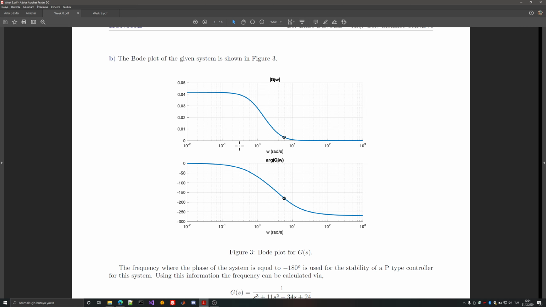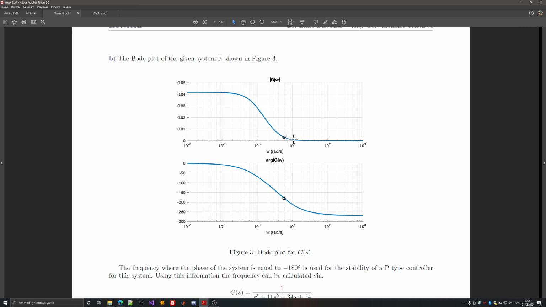Since the Bode plot has a gain and phase plot, this minus 1 can also be converted into polar form, where you have gain 1 and a phase of minus 180 degrees or 180 degrees. In this case, since we are in the interval of 0 to minus 300, we are looking for minus 180 degrees. If I combine the gain and angle and get 1 and minus 180 degrees, then I will have instability. So that's the critical point.